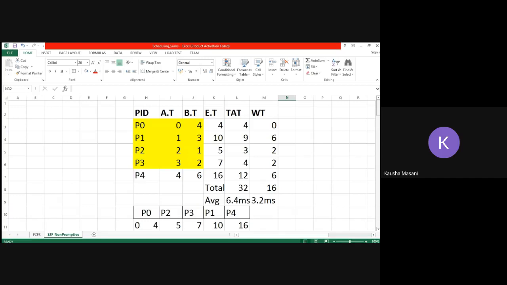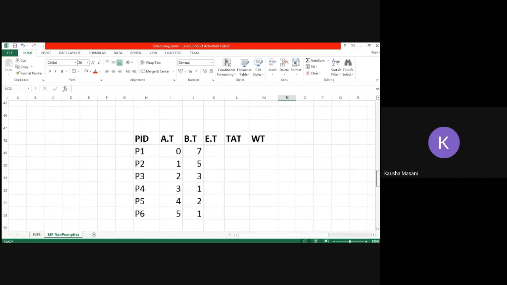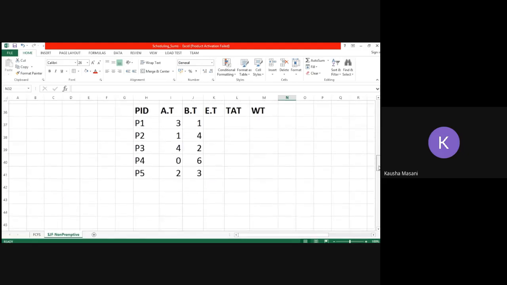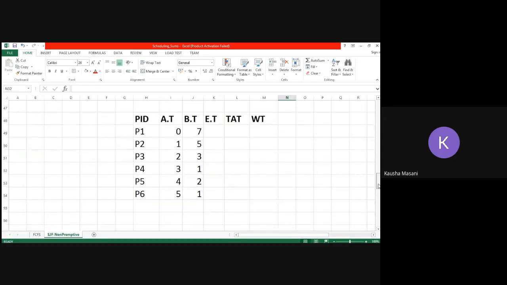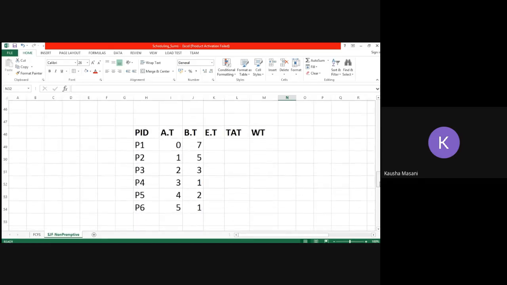See, in your SRTF, when we are going to consider the case where we are stopping the ongoing process and accommodating a new process, what are we focusing on? The scheduling criteria in your SJF is your burst time, right? So when the burst time of a newly arrived process is shorter than the ongoing process.